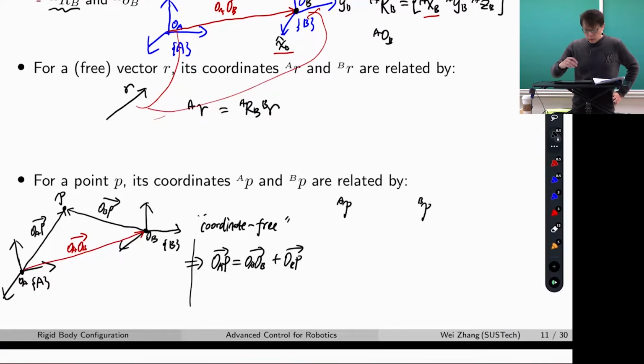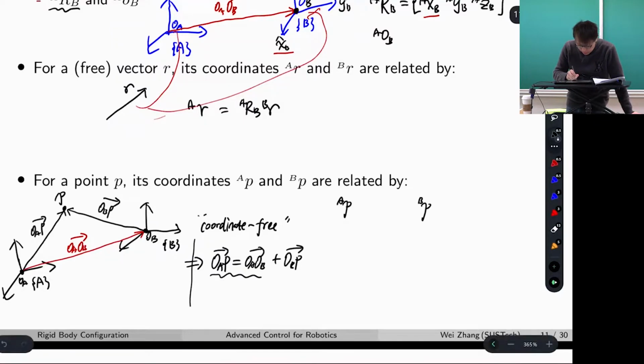But a vector can be moved around, okay? Once you define the vector, it's not a point. Vector can be moved around. If you do that, that's exactly the physics. But we can choose different coordinates to express this physical law. I wouldn't call it a law, but anyway, this is a fact.